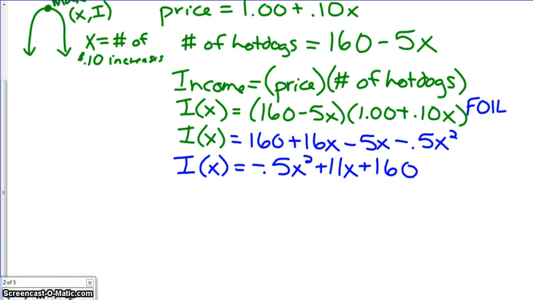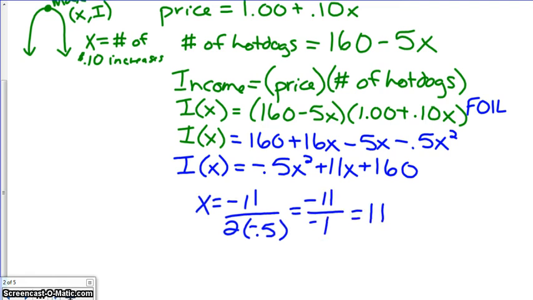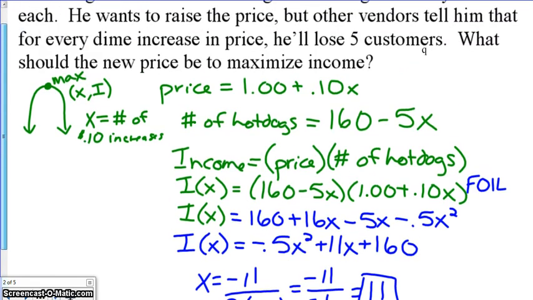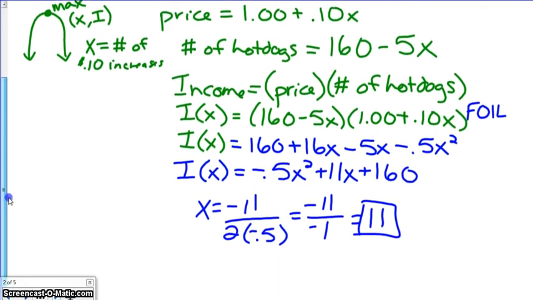We just said that the vertex is the maximum point on our parabola. So again, I need to find the x-coordinate of my vertex. Negative b over 2 times a is 11. But they don't want that. If we go back and look at what the question's asking, what should the new price be to maximize income?